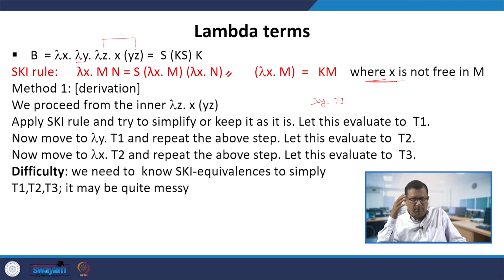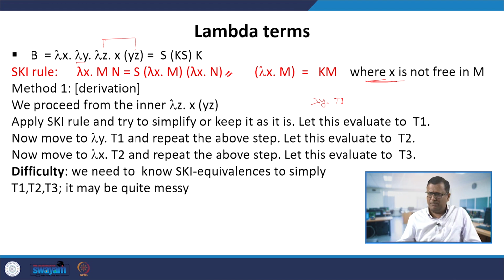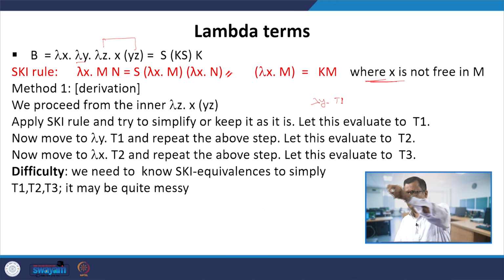Now, in order to simplify it, we need to know SKI equivalences. When we studied regular expressions, given a complicated regular expression and asked to simplify it, we had the algebraic rules of regular expressions and used them repeatedly to obtain a much simpler expression, or to prove that regular expression R reduces to R prime.